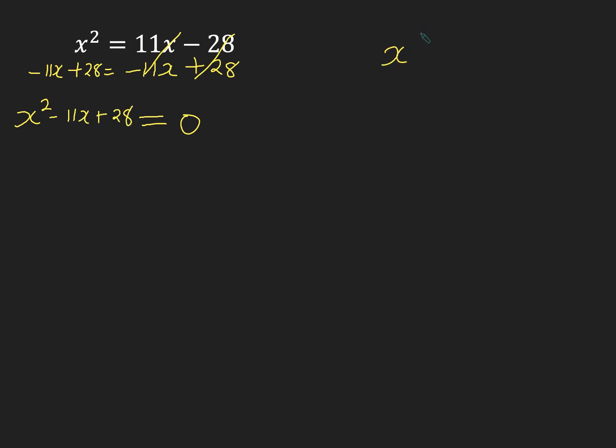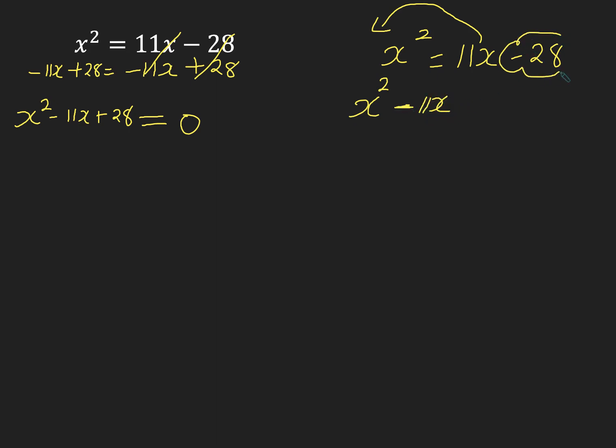When I was in school and we did this, basically what we usually did was just move things to the other side. Now because I'm moving the 11x over to the left, you must change the sign. So it was a positive, so when it comes over, so here's your x squared. When it comes over, it will be the opposite, so it'll be negative 11x. There's my 11x.